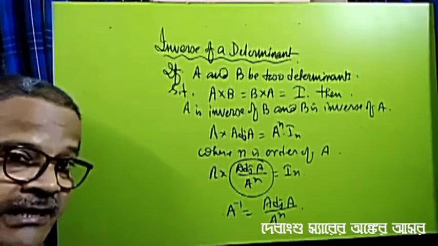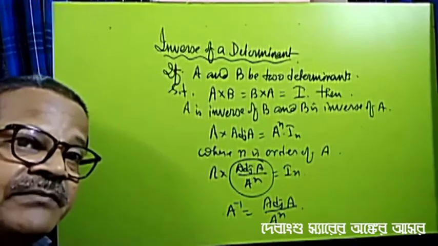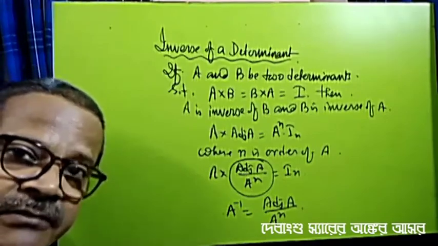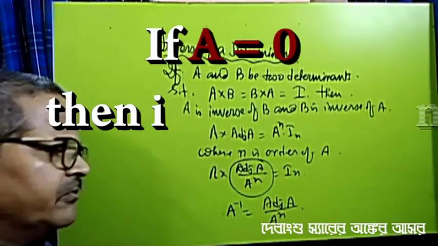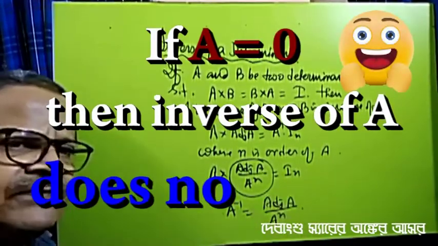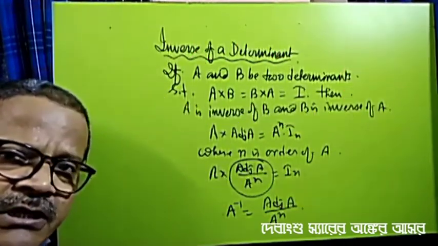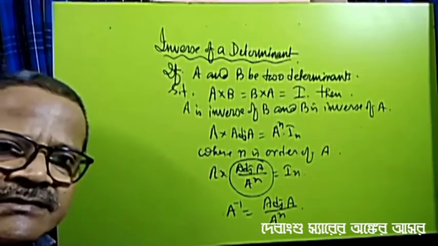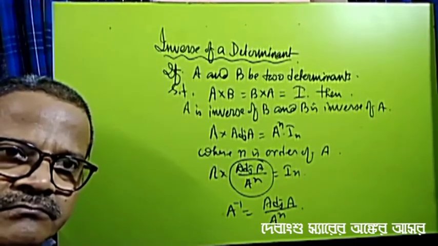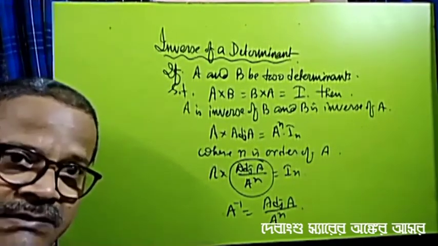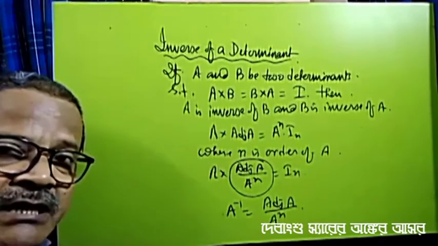Now the question arises, when the value of the determinant A is 0. Obviously, when A is 0, this is undefined. So when the value of a determinant is 0, then its inverse does not exist. To have an inverse, the value of the determinant must be non-zero.